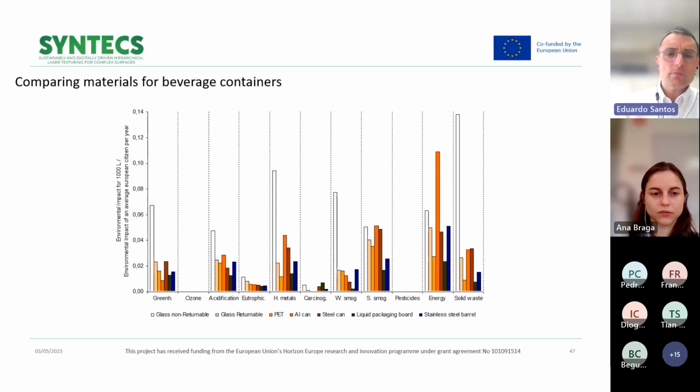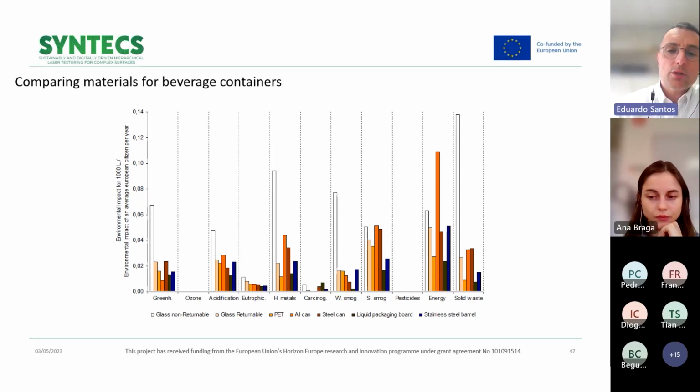And this chart is just one example. We can see here, for instance, in the x-axis, the environmental impact categories, and then we have the amount. This is for beverage containers for 1,000 liters, and these are different materials that were tested or analyzed to perform as 1,000 liter beverage containers.